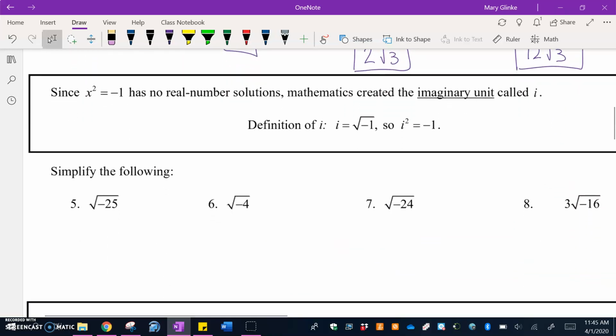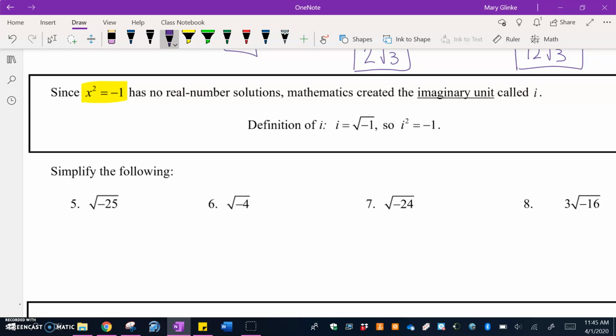But then all of a sudden, we're going to start solving equations that look like this. I squared equals negative 1. You've been told your whole life that we cannot square root a negative, but we actually can. What's happening here is the square root of a negative is not a real solution. What we're going to do is call it an imaginary solution.